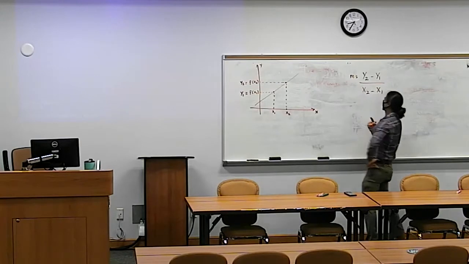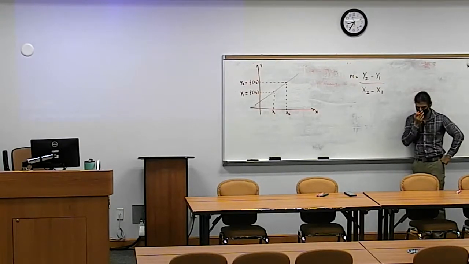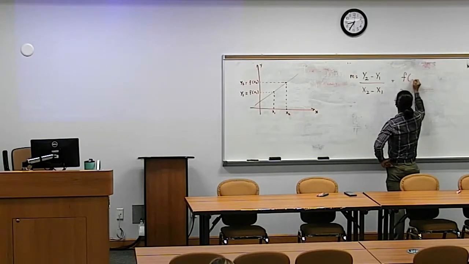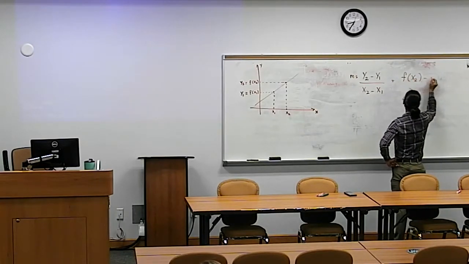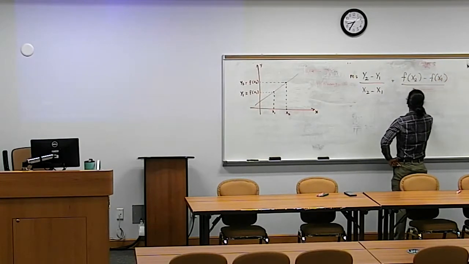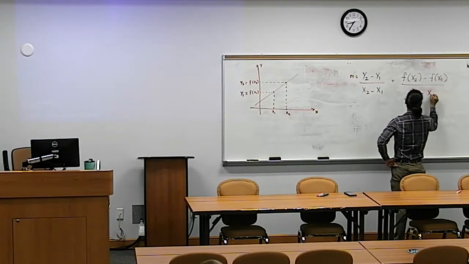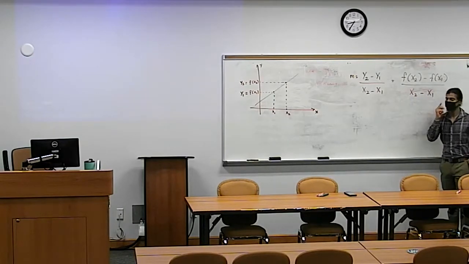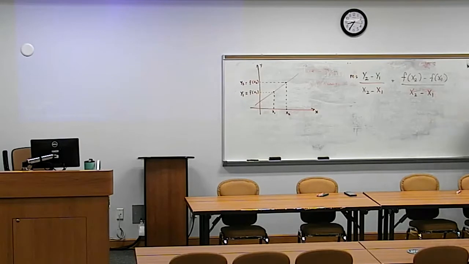I could also rewrite this as f of x2 minus f of x1 divided by x2 minus x1, yes? It is the same thing because y2 is f of x2, y1 is f of x1.